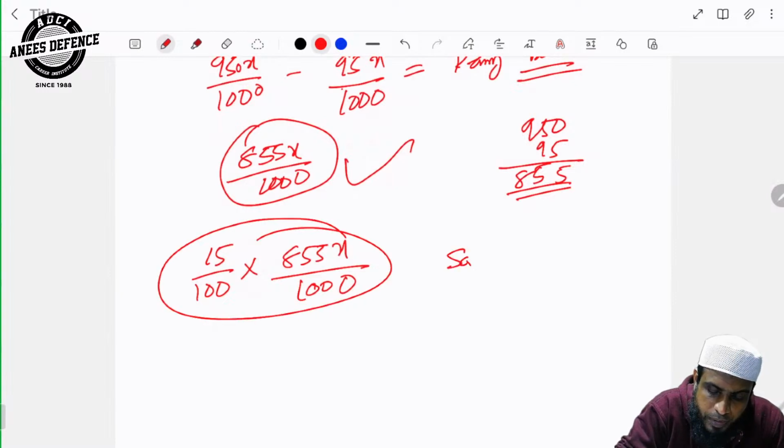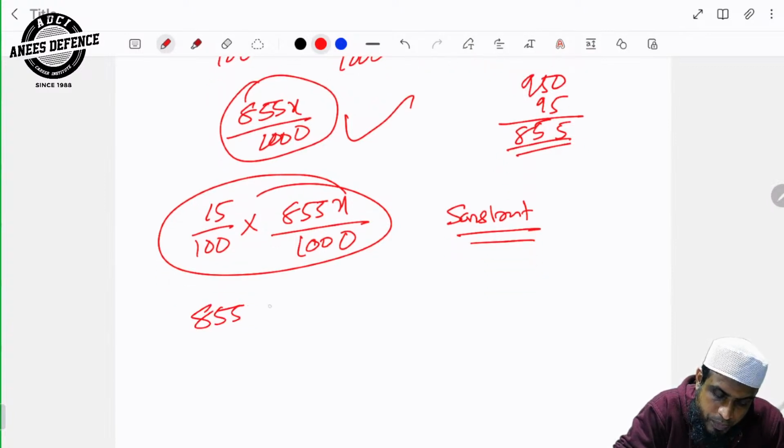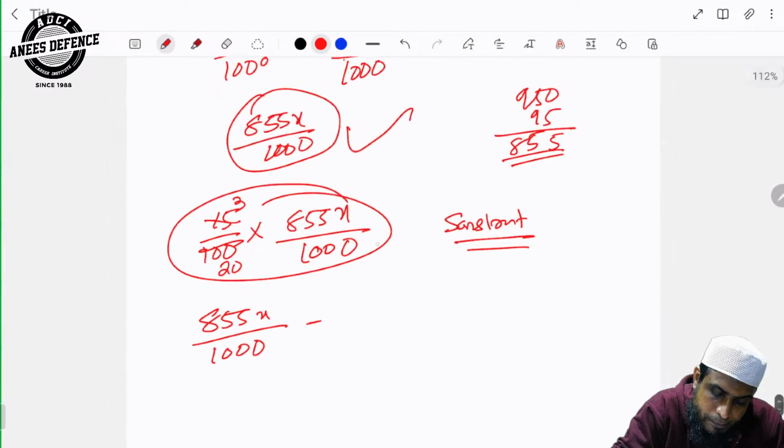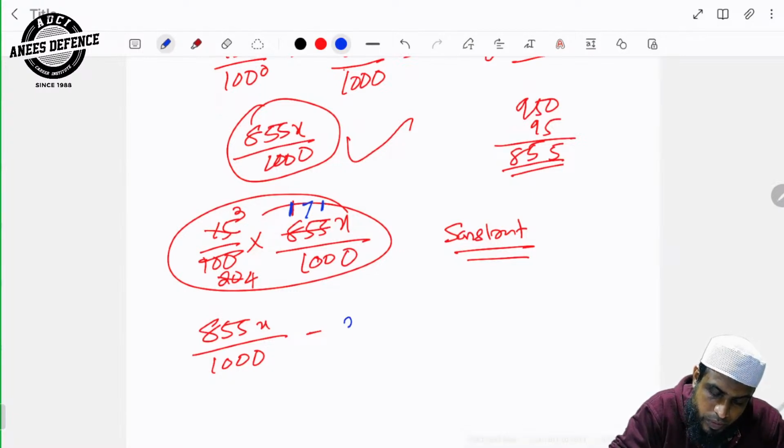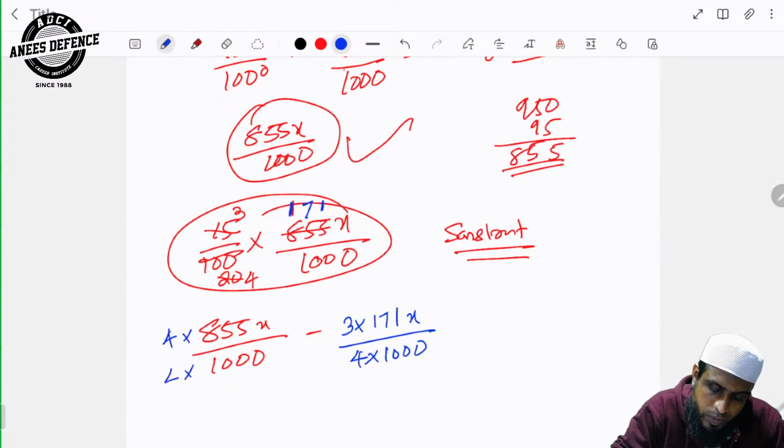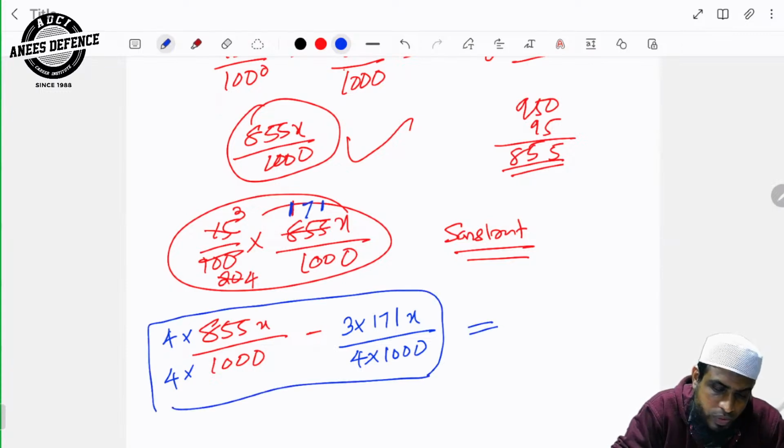So this is Sanskrit. So minus this is the remaining books.